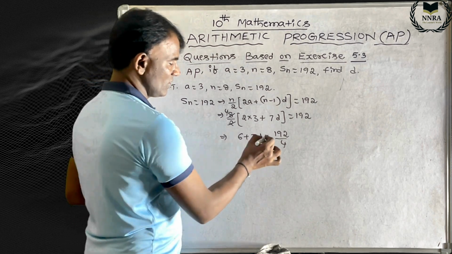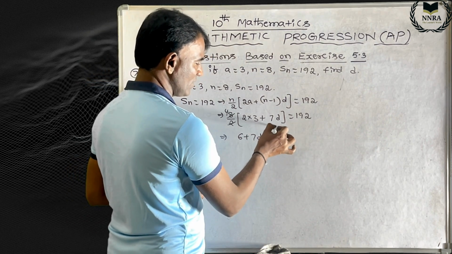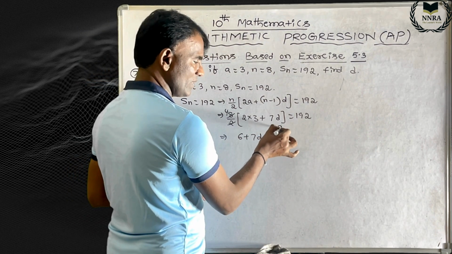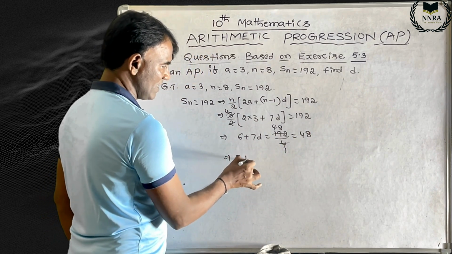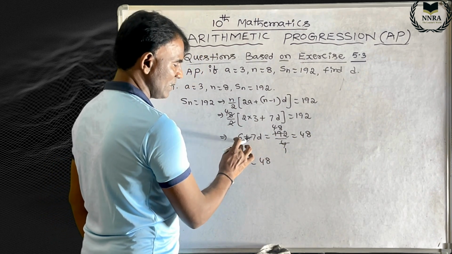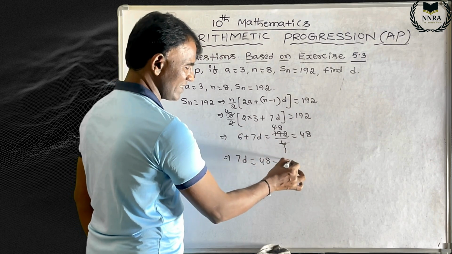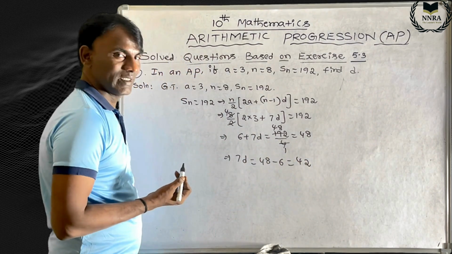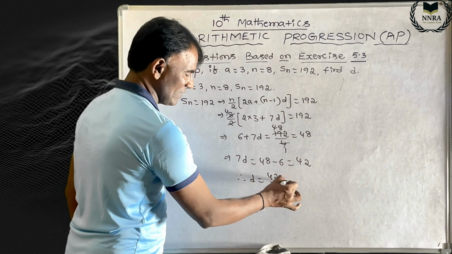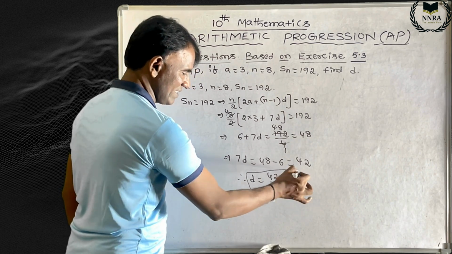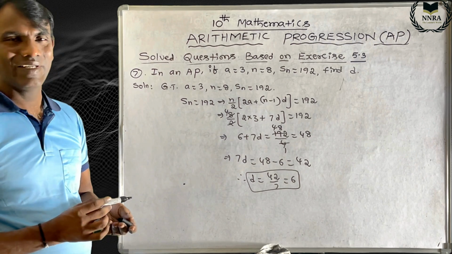Right? So 4 times 48 is 192, so we get 48. After that write 7d equal to 48 minus 6, that is 42. Now what is the value of d? 42 divided by 7 equal to 6. This is the answer, the required common difference.